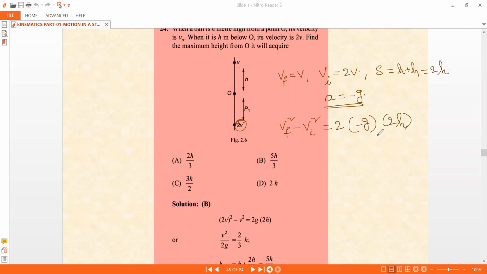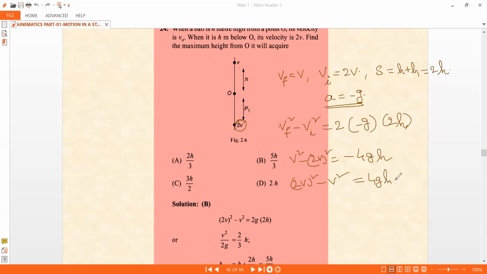When you substitute, v final square is v square minus (2v) whole square, equal to negative of 2 into 2, that is 4gh. 2 into 2 is 4, with a negative sign here. When you invert the signs, you get (2v) whole square minus v square. Taking the negative sign on either side, you get 4gh.